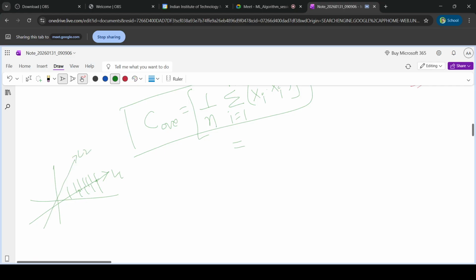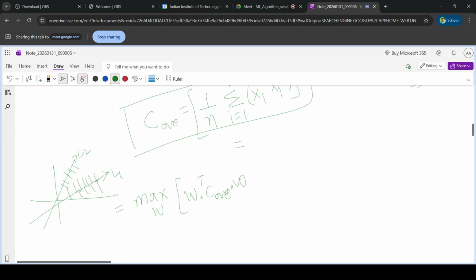Then you said that's not a good option, can we do it another way? So what we did is try to get the max of W, where W transpose, covariance matrix, into W.